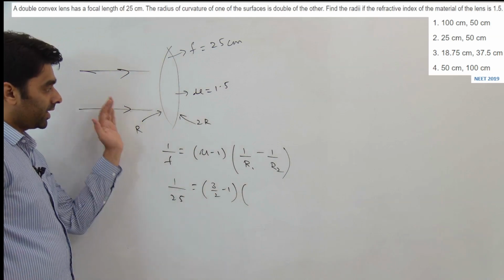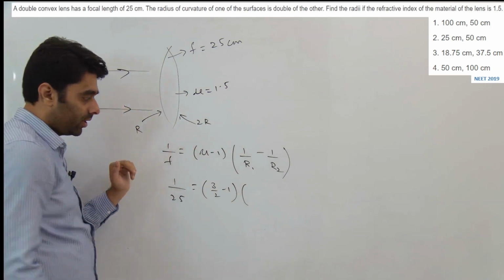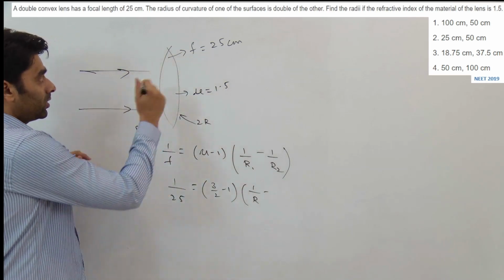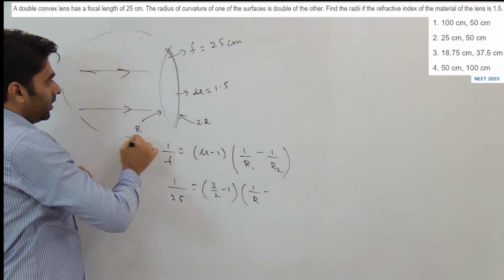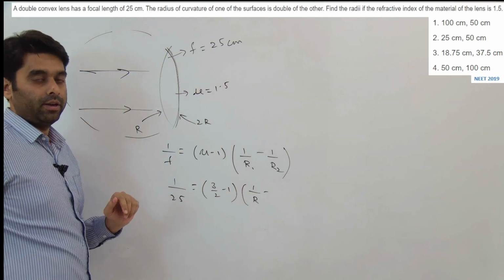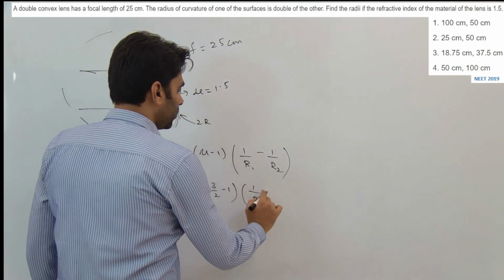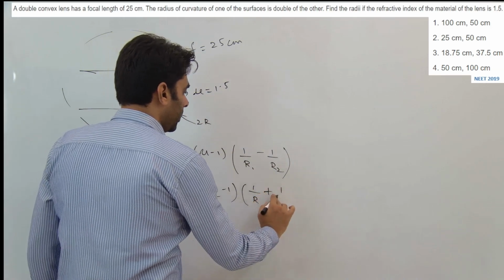Now be careful with the sign convention. R1 is this one which is positive, so it is 1 by r, and r2 will be negative because on this side, to measure the radius of curvature, we have to go opposite to the incident ray. Therefore, R2 will be negative. Sign convention. So this will come as minus of minus 2R.